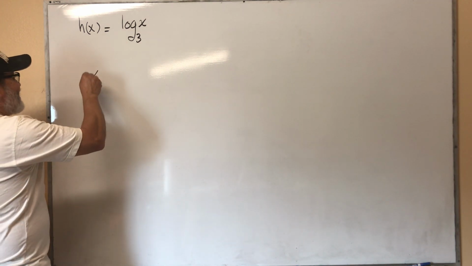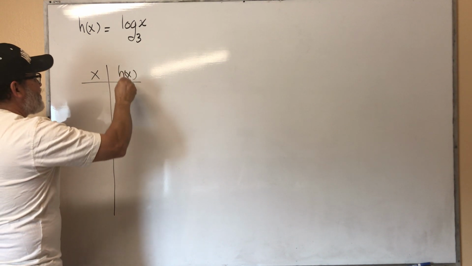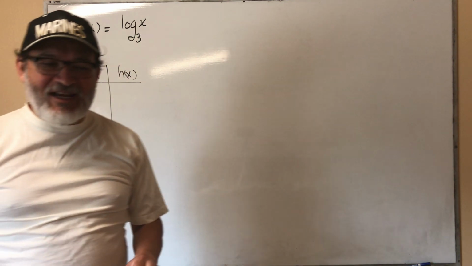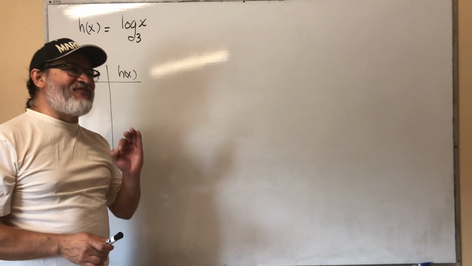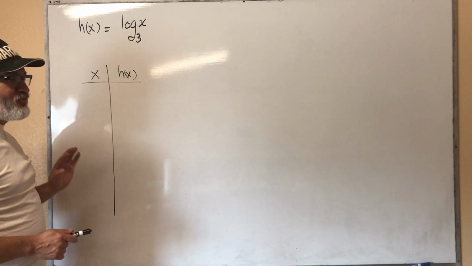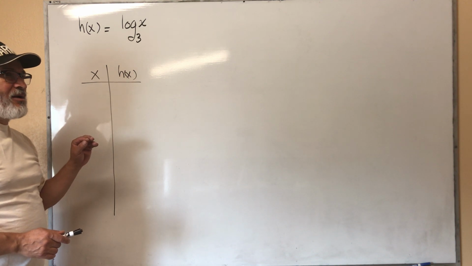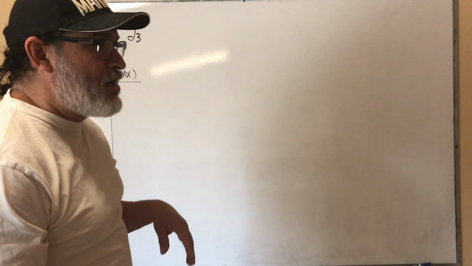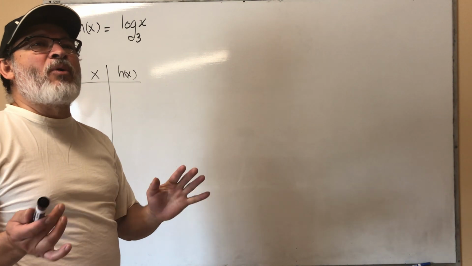So watch this. X and h of x. When you graph this, you have to pick smart values for x. What are smart values for x when you graph? Well, smart values for x are 3, same base, to a power.